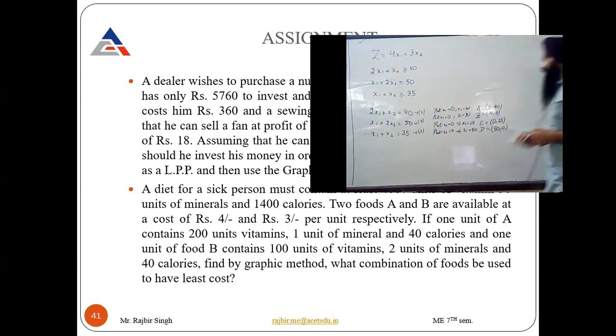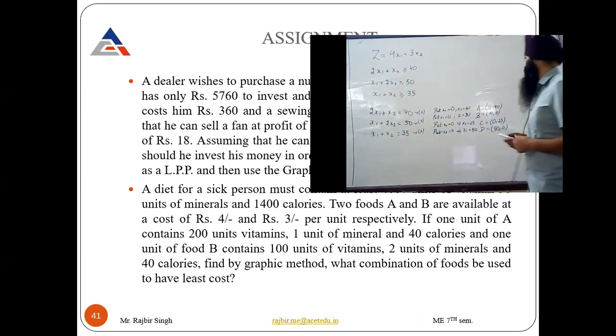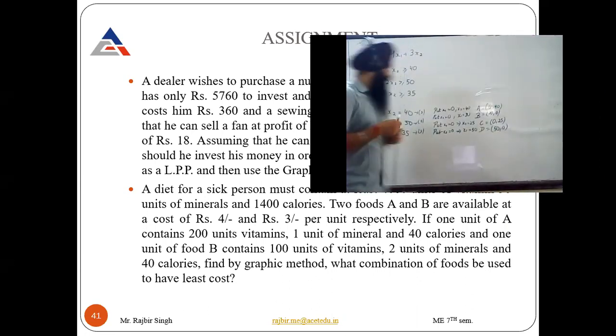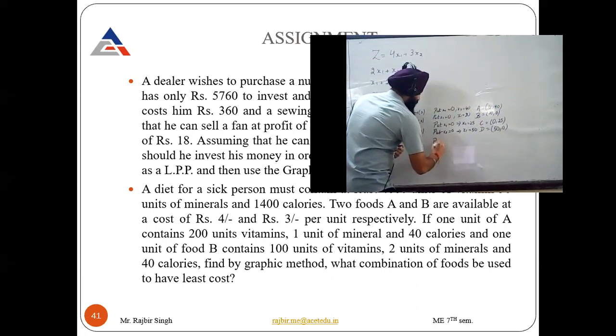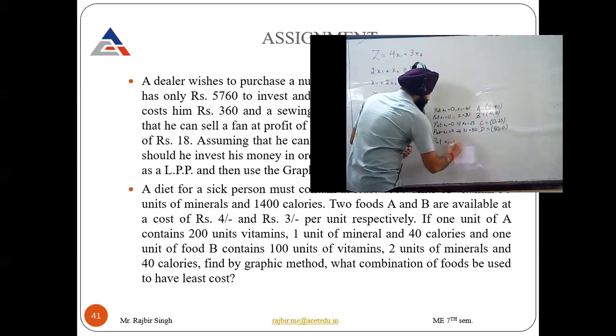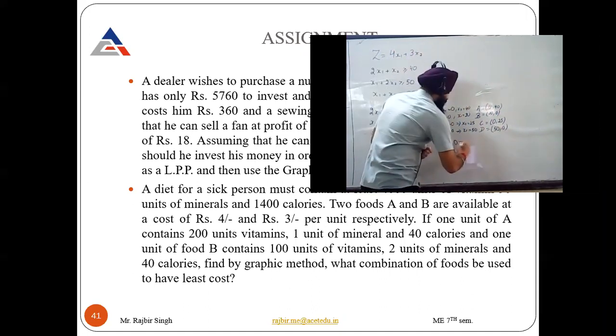Similarly, put the value of x1 equal to 0 and x2 equal to 0 in equation number 3 and we will get 2 points. Let the points be E and F. When we put x1 equal to 0 in this equation, the value of x2 will be 35.